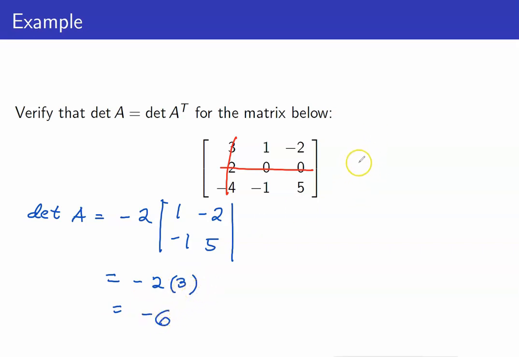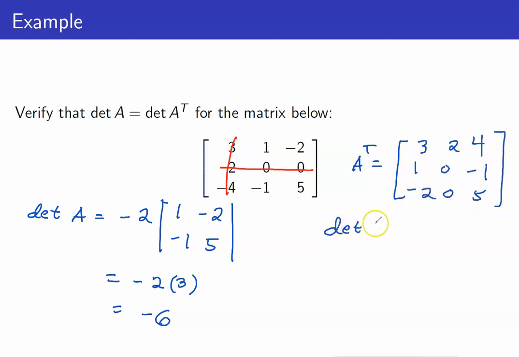Let us compute for its A transpose. We will compute the determinant of A transpose by computing the cofactor expansion along the second column. In this case, we have plus, minus, and then 2.